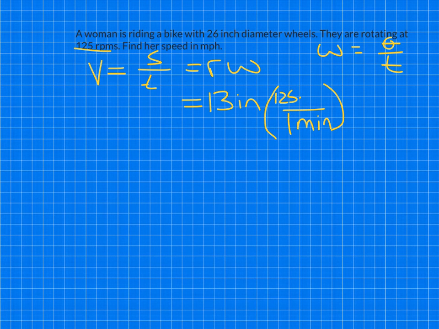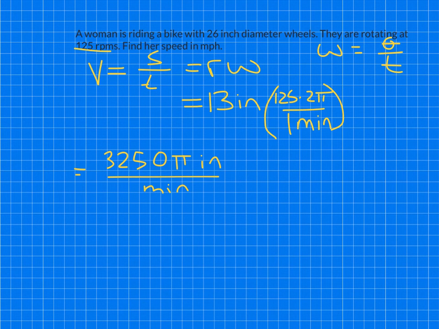My angle is 125 times 2 pi, which is 250 pi. And if we multiply that out by the radius, what we get is 3,250 pi inches per minute.